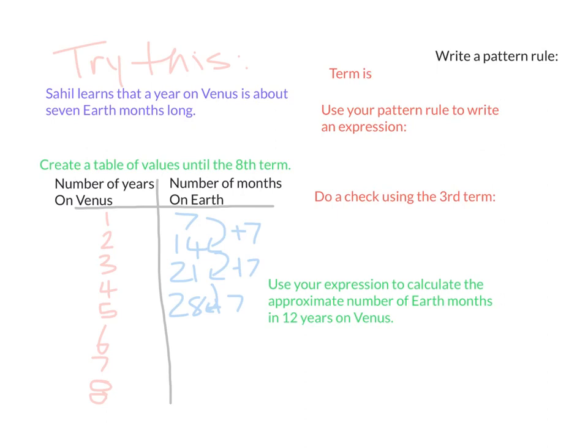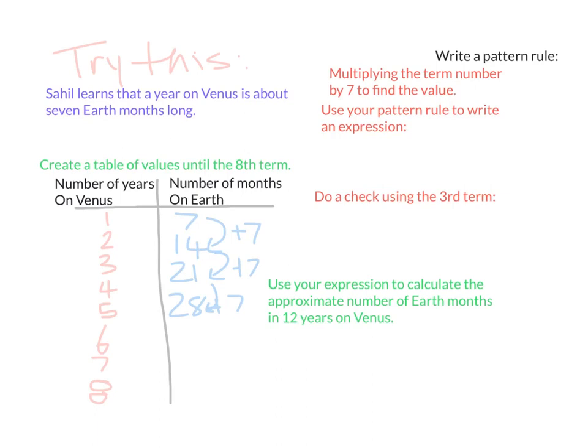You notice that if the term number is 1 and my value is 7, my term number is being, so you're multiplying the term number by 7 to find the value.